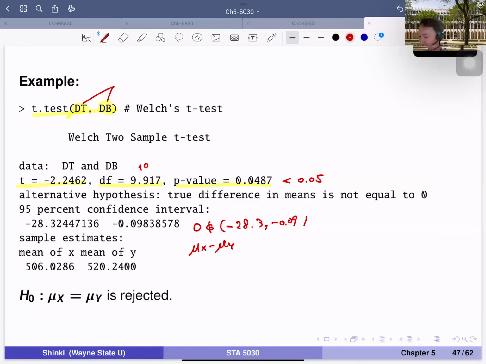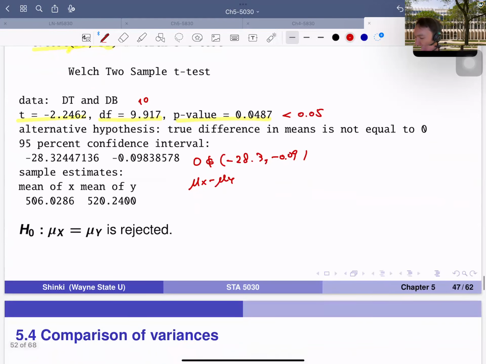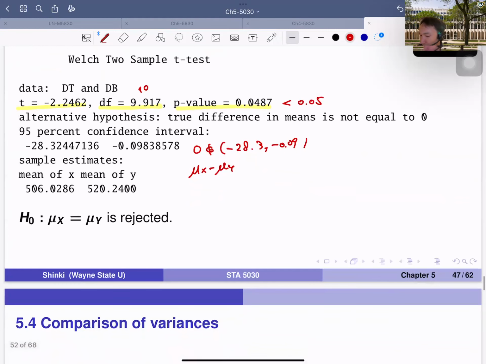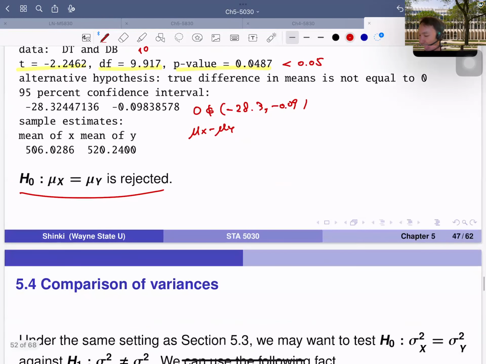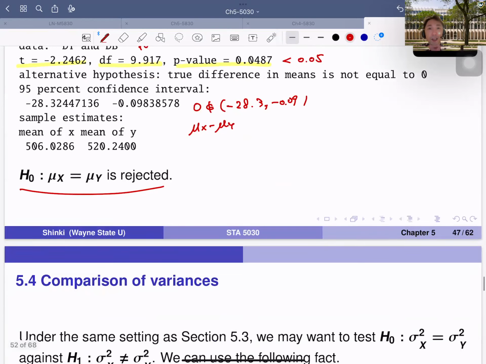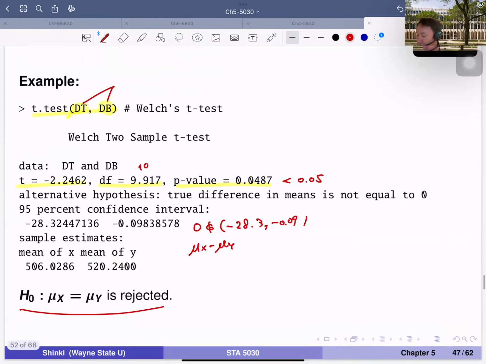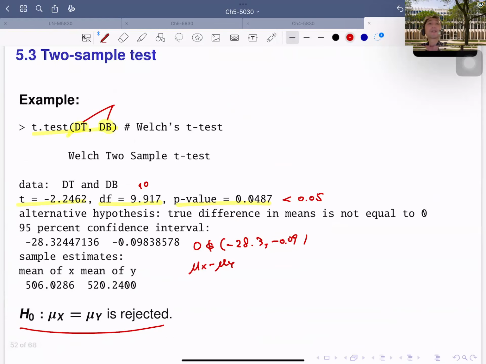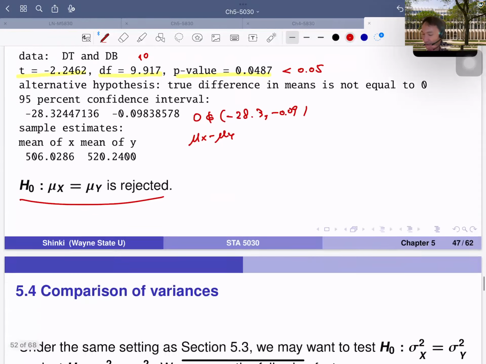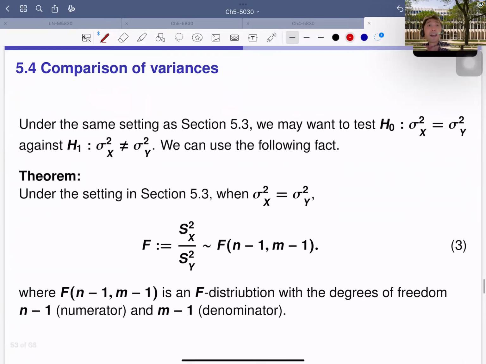With 95% confidence, mu x minus mu y is negative, so the null hypothesis of mu x equal to mu y is rejected. Any questions so far? Okay. And that's the two-sample t-test.